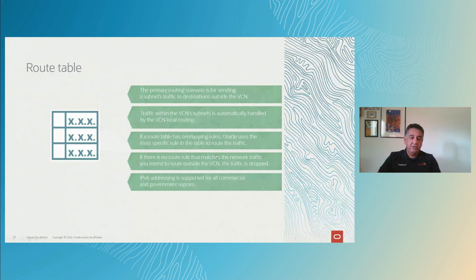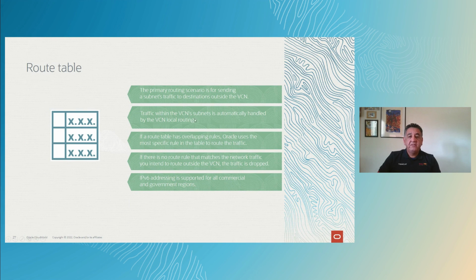Now, speaking of route tables, that's the item that we were missing throughout this presentation. So the route table will allow you to communicate outside of your virtual cloud network, be that the internet, be that on premises, be that to another virtual cloud network that you peer locally, or to a virtual cloud network that you peer remotely, or through connectivity to on premises via FastConnect or VPN.